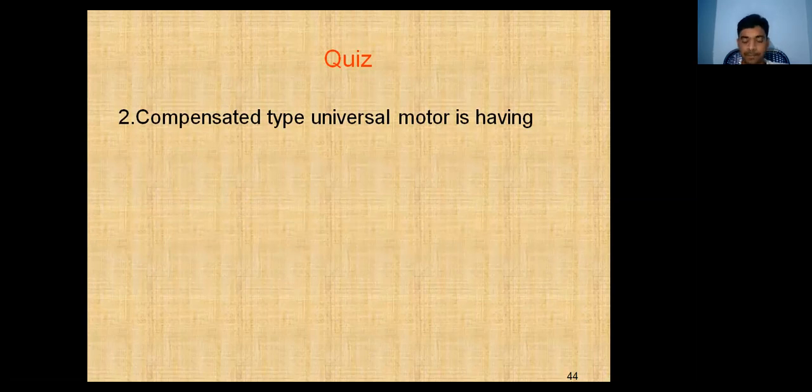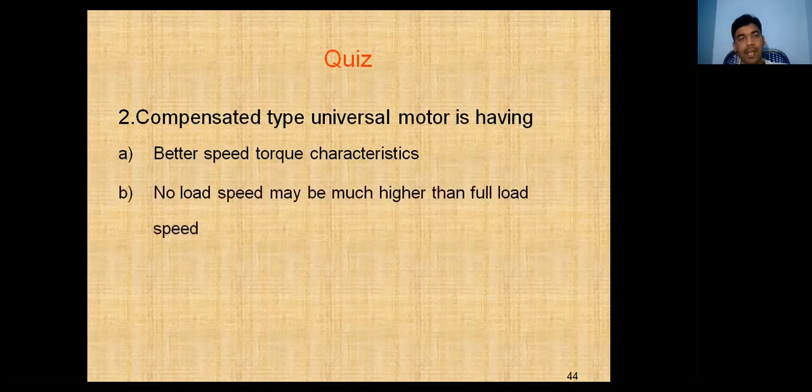Next. A compensated type universal motor has: option A, better speed torque characteristics. Option B, no load speed may be much higher than full load speed.